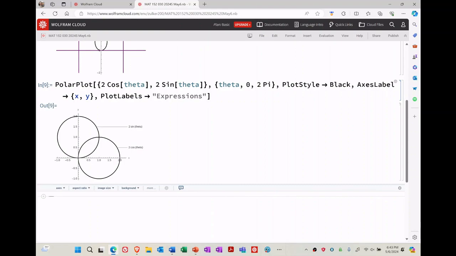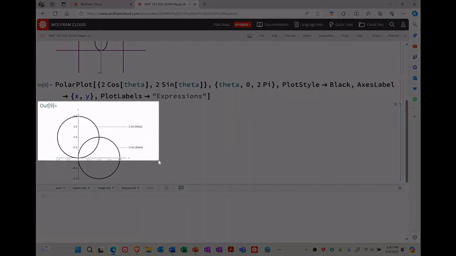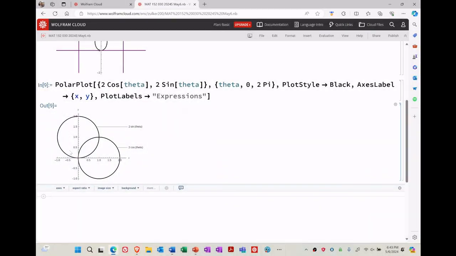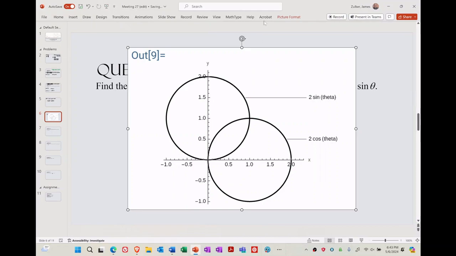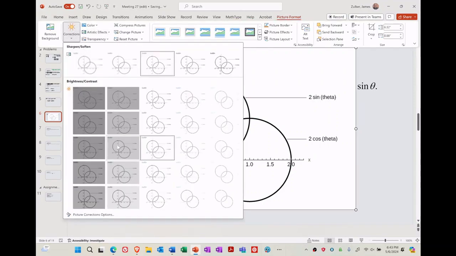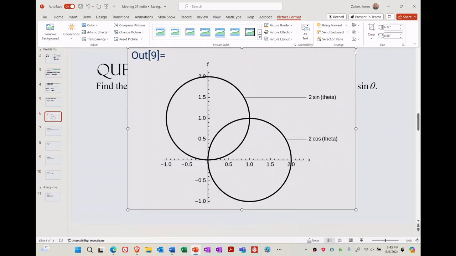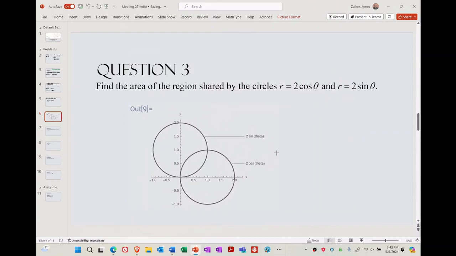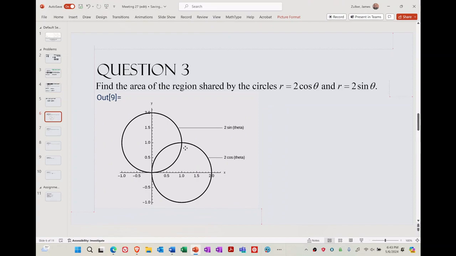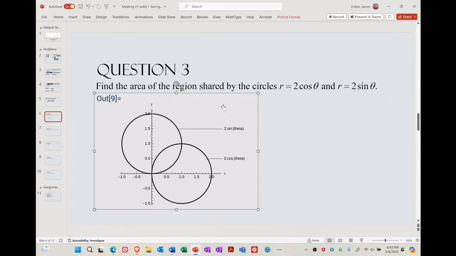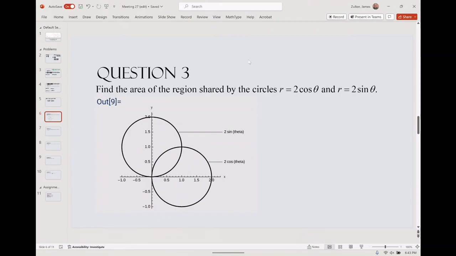There we go. So that's the region we're looking for. That's the area we're looking for.